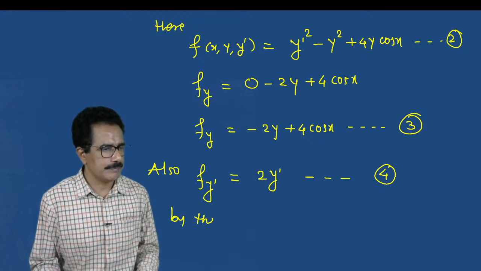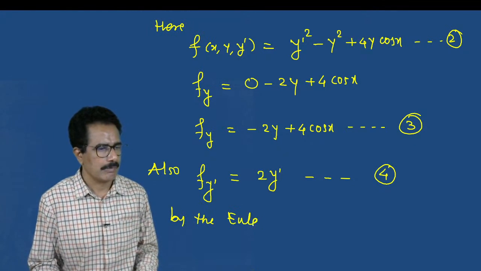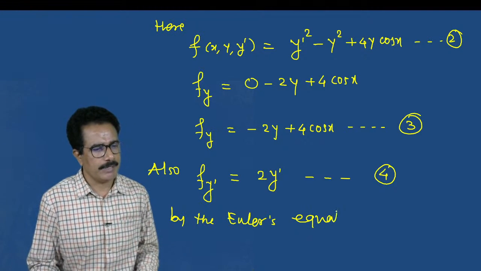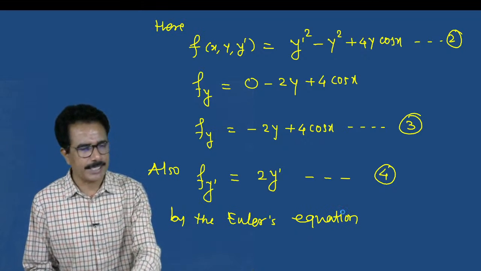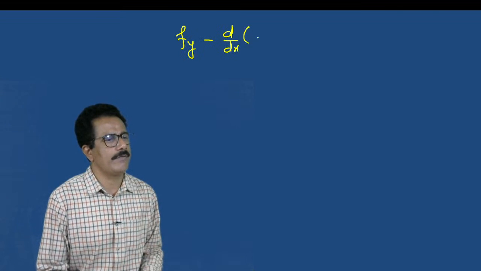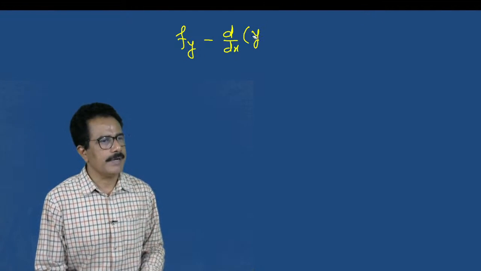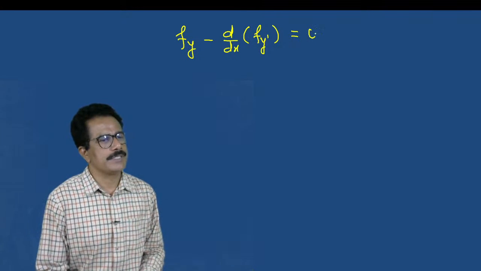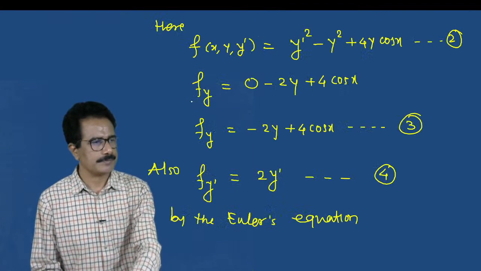By Euler's equation, what can we write? Fy minus d by dx of fy dash is equal to 0.